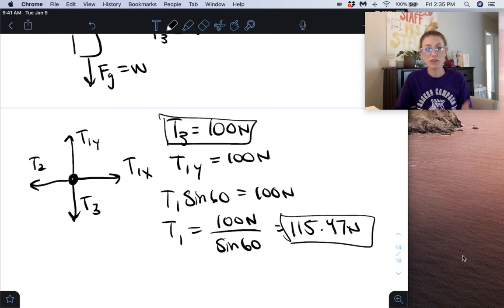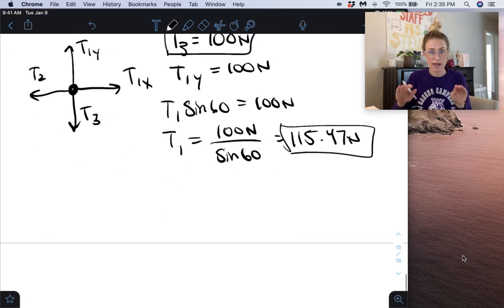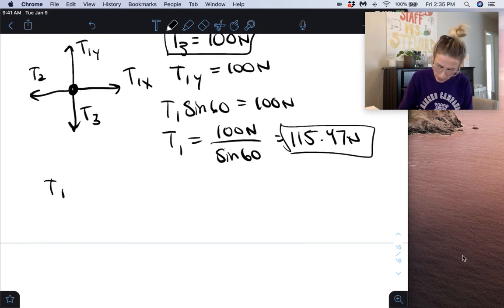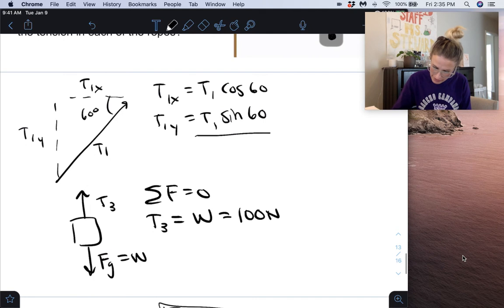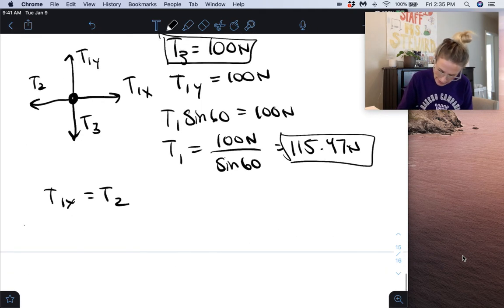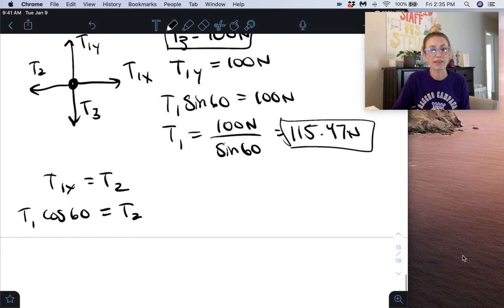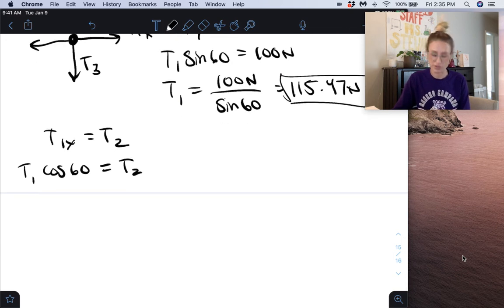Now that we've done the vertical direction, we need to look at the horizontal direction. Again, forces are balanced because we're at equilibrium, which means we're at rest, which means that T1x is equal to T2. T1x, remember, up here we got an equation for that. It's T1 times the cosine of 60. We already know what T1 is, so now we can plug that in and get our answer for T2.